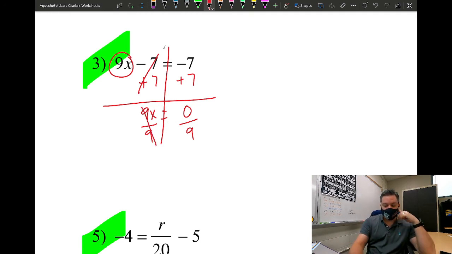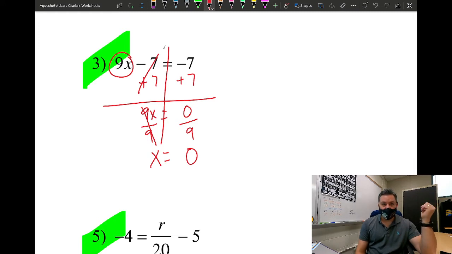So the answer for this one is just going to be 0. 0 divided by 9 is 0. Now don't get it confused because sometimes you're going to have 9 divided by 0 and that will be no solution. They're different ones. When the 0 is on top, it's 0. When the 0 is on the bottom, it's no solution. And we're going to see a problem like that maybe in a little bit.